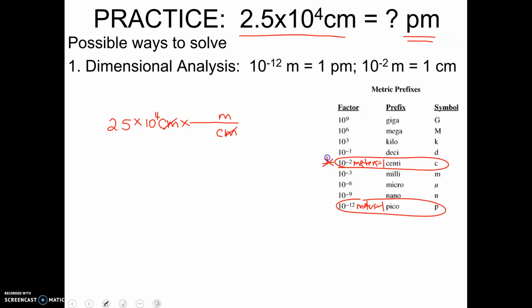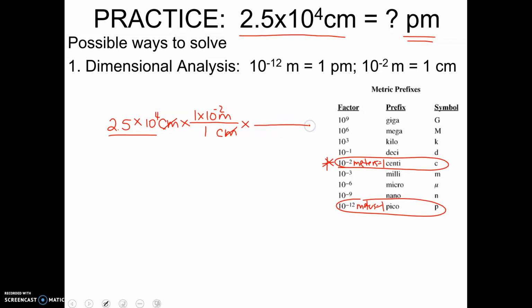So to go from centimeters to meters, I know that 1 centimeter is 10 to the negative 2, or 1 times 10 to the negative 2 meters. And I'm writing this as 1 times 10 to the negative 2 because some of your calculators, if you just put in this times 10 to the negative 2, it's going to give you a syntax error. So if you put it in as 1 times 10 to the negative 2, that should solve the problem.